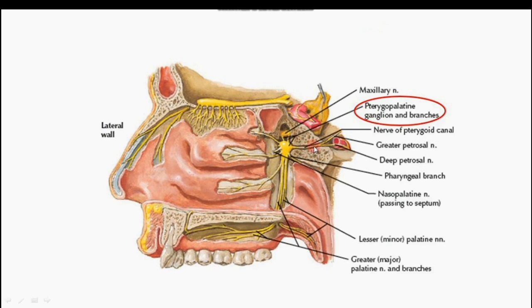This image is only to show you the interior of this section. This is a serratus section to show you this canal, the pterygoid canal. Clear?